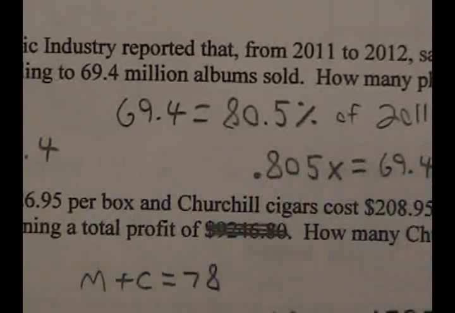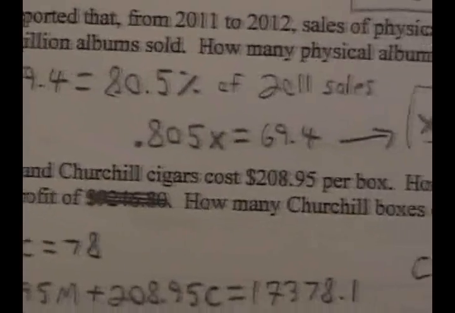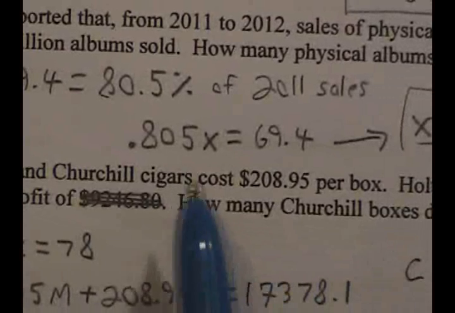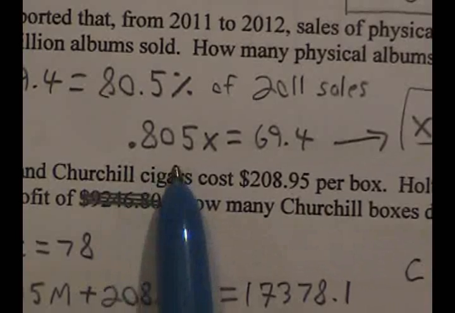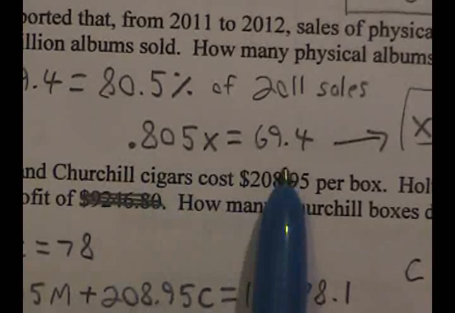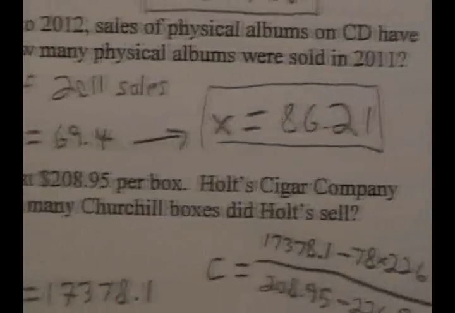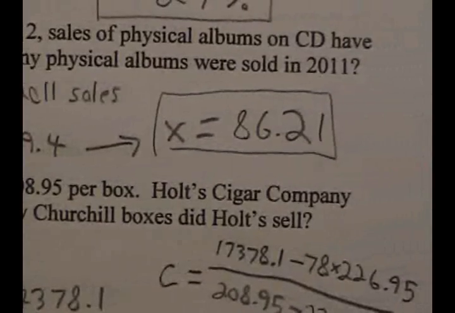That's what I'm saying here. So the way to read that is 0.805, or 80.5%, times some number gave you the 69.4. And when you solve that for x, you get 86.21.